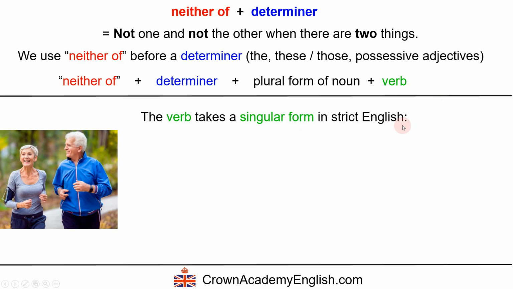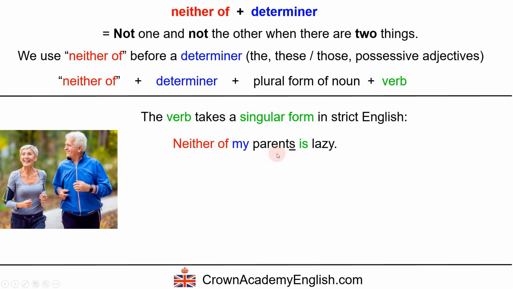So here, neither of my parents is lazy. So neither of, here we have the determiner, this is a possessive adjective.